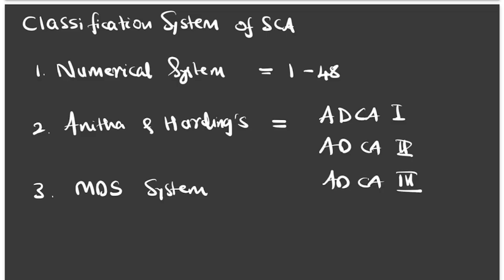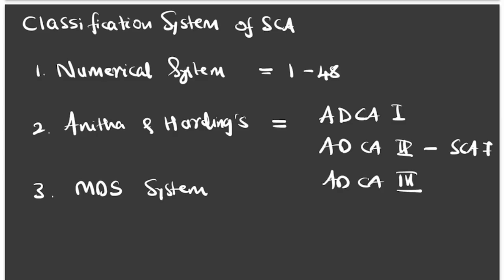ADCA means autosomal dominant cerebellar ataxia. You can't remember everything, so what you can remember is that under the ADCA 2 group only SCA 7 is included. Remember this, that is enough.